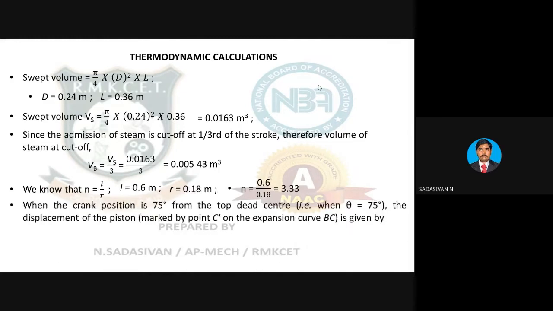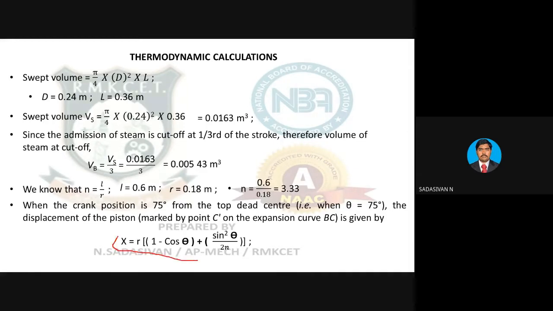When the crank position is 75 degree from the top dead center, the displacement of the piston, marked by the point C dash on the PV diagram, is given by first finding the value of X. What is X? The piston displacement: for a given value of theta, the length to which the piston has moved. This formula I have taken from the first derivation, the velocity of the piston derivation.